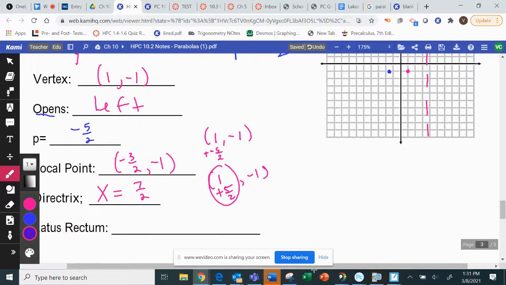The latus rectum is 2 times the p-value. And it's absolute value, so it doesn't even matter if I put -5/2 or 5/2 in there. It doesn't matter. So I get 5. And we're going to do plus or minus. And that goes the opposite direction as the focus and the directrix. It also goes off of the focus. So I'm going to have -3/2, -1, which is my focus. And then I'm going to add or subtract the 5 to the y of that.